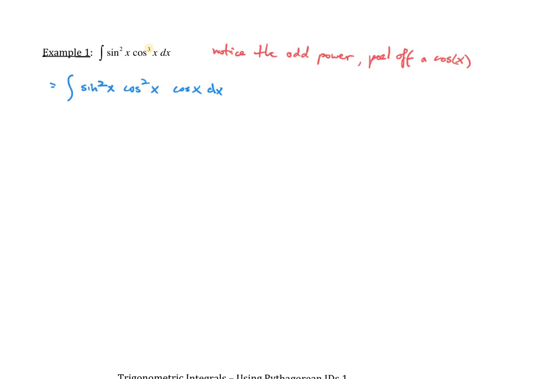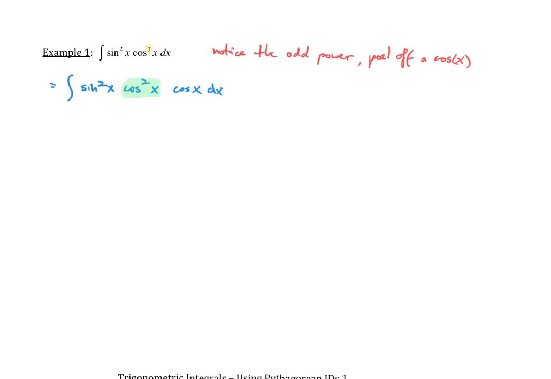Well, the real reason is we want to look at this piece right here, this cosine squared x. And I'm going to use my Pythagorean identity to replace this cosine squared x. So let's look at this part right here.